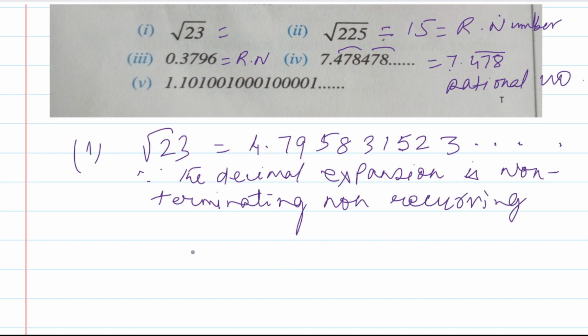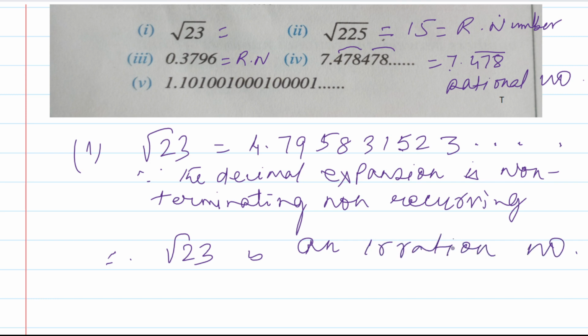Therefore root 23 is an irrational number. Very easy.